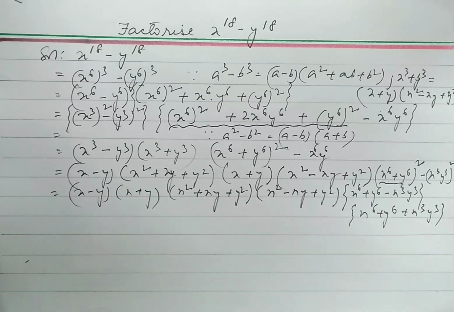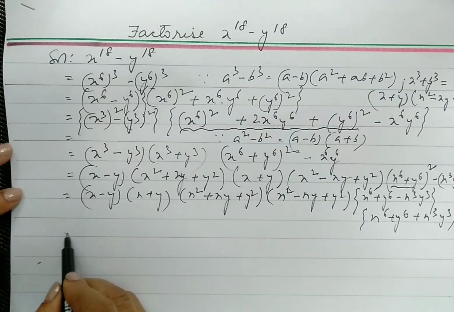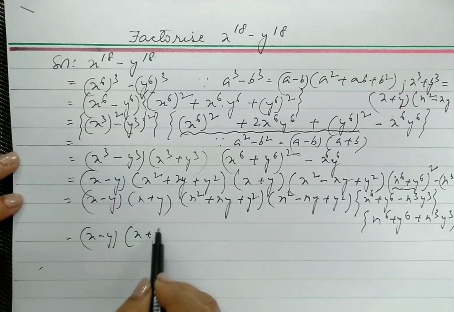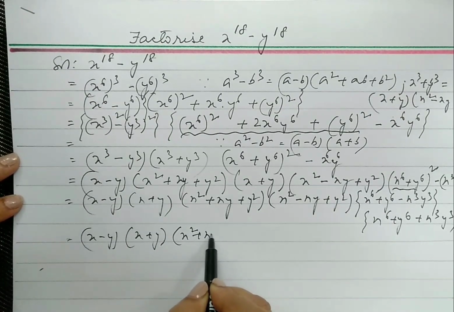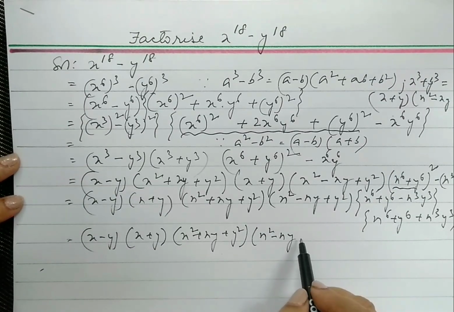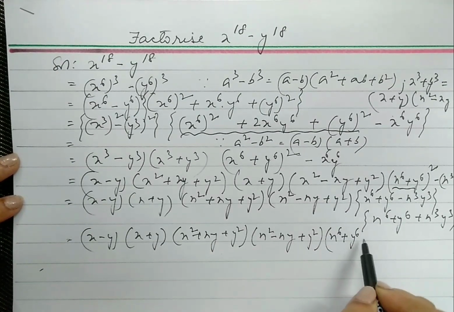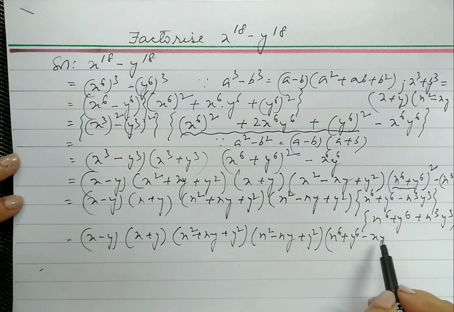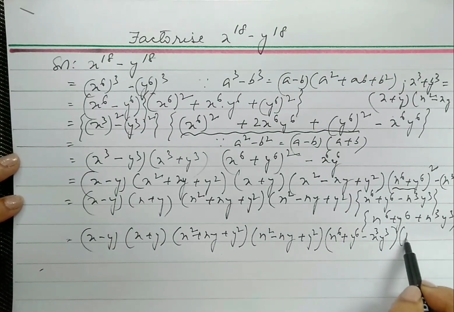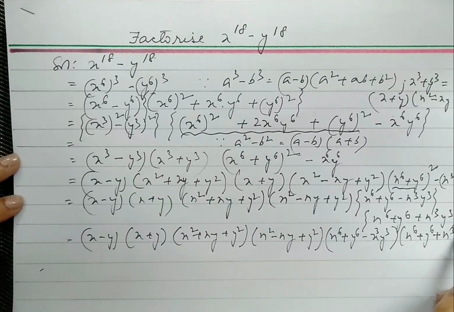Okay, so let me just reinforce this for further clarity. If I were to write this in one line as an answer, I would write x minus y, x plus y, x square plus xy plus y square, x square minus xy plus y square, and x6 plus y6 minus x cube y cube, and x6 plus y6 plus x cube y cube.